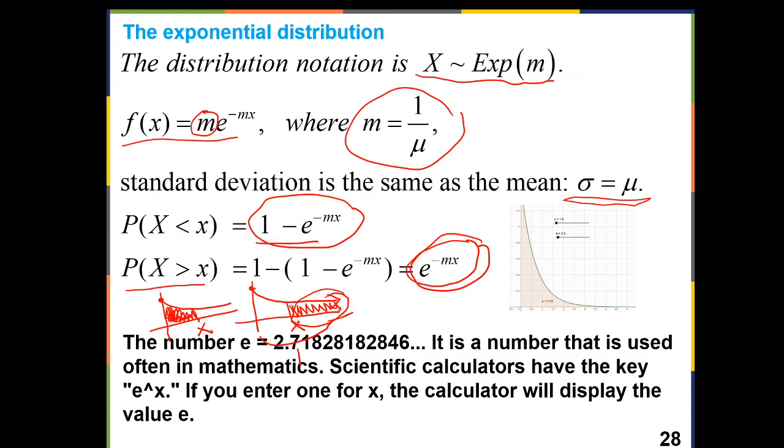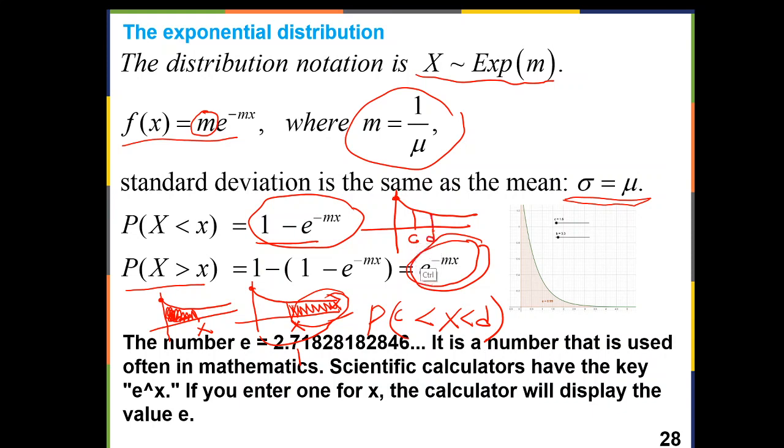So notice that we don't have a formula for the probability of x between two numbers, let's say c and d. If we have such a thing, then we want to find the area from C to D, right?